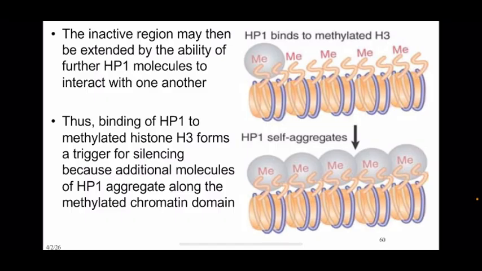The inactive region can extend by the ability of the HP1 molecules to interact with one another, so it's like propagation of heterochromatin states. Therefore, the binding of HP1 to methylated histones acts as a trigger for silencing, because additional molecules of HP1 are going to aggregate and interact with each other.